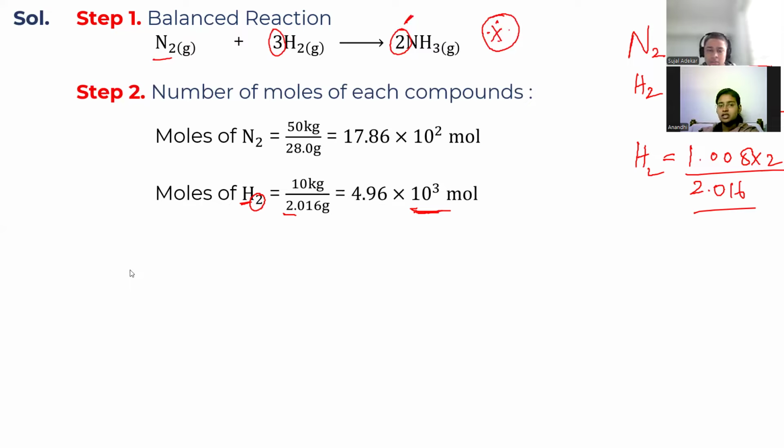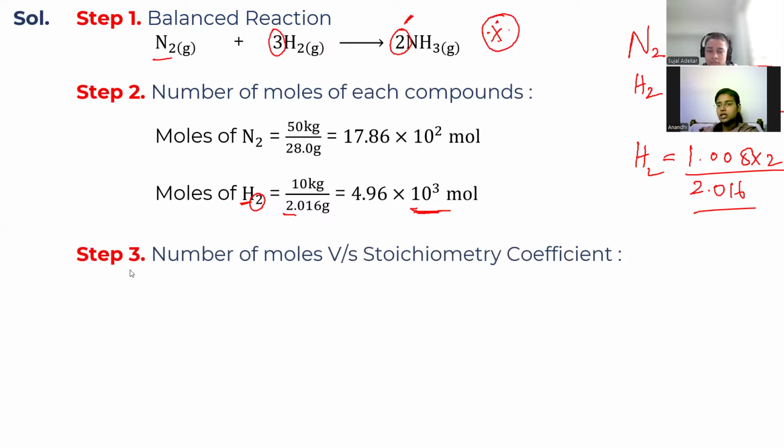Step number 3 is you need to find out the ratio, number of moles versus stoichiometric coefficient. So we have two reactants, one is nitrogen and the other one is hydrogen. The number of moles for nitrogen is 17.86 into 10 power 2. What is the stoichiometric coefficient for nitrogen?